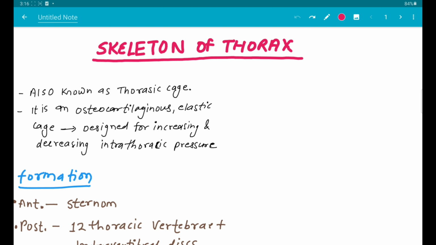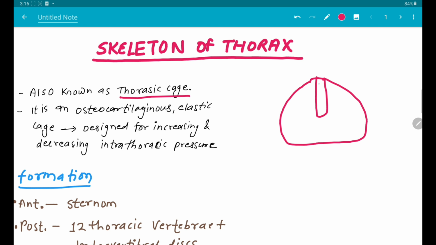Anteriorly it is the chest part, and from the back side it makes the dorsal part of the thorax. The thorax is also known as the thoracic cage. It consists of the sternum and the ribs. There are 12 pairs of ribs which help to make the thorax.